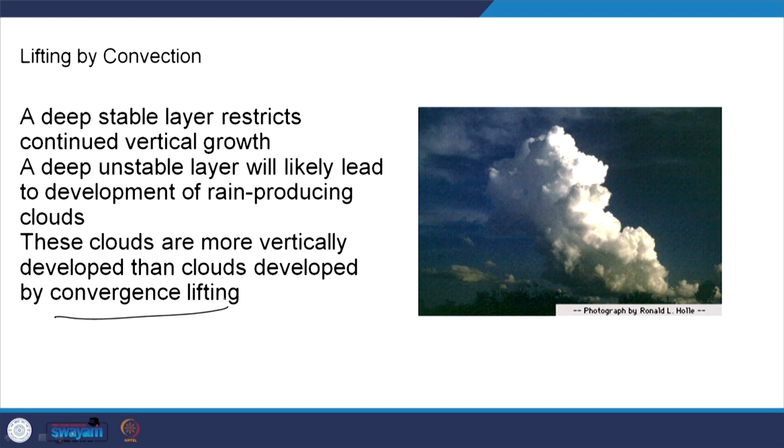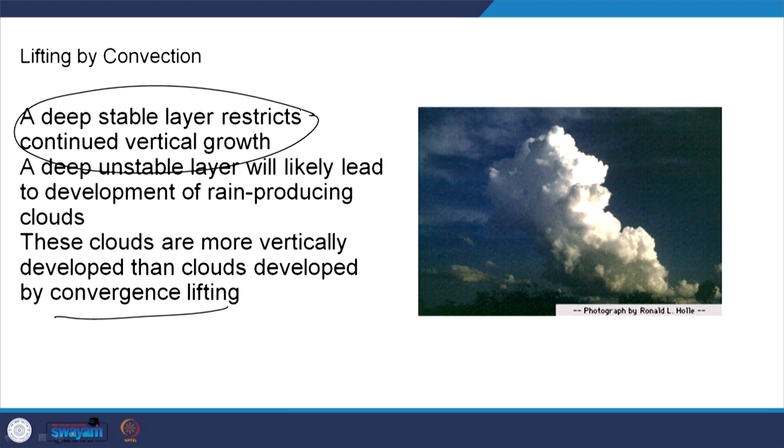But the clouds that are developed by convective lifting are more likely to be vertically developed in comparison to the clouds that form out of convergence lifting. Okay. Now, this idea that a deep stable layer restricts continued vertical growth can only be explained once you understand the concept of stability itself.